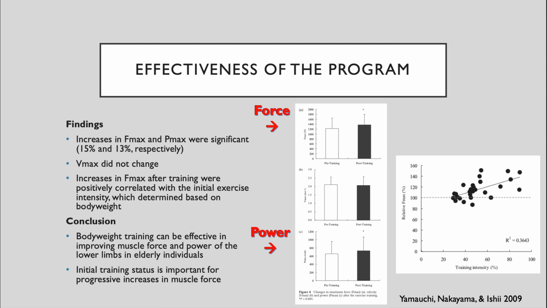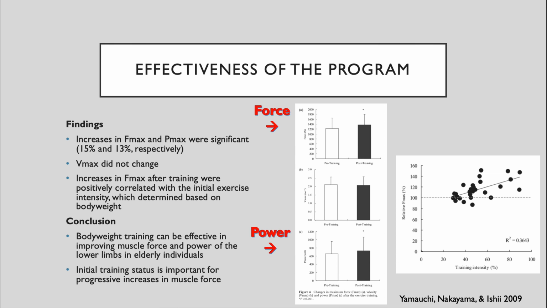So it was concluded that bodyweight training can be an effective method of training to improve muscle force and power of the lower limbs in elderly individuals. This also showed that initial training status is important for progressive increases in muscle force. This would be an important consideration when helping an individual looking to achieve a training goal with this program.